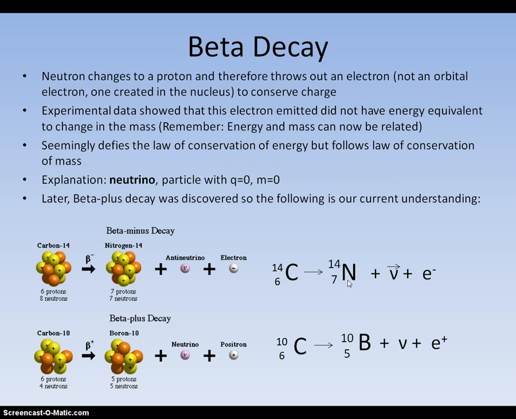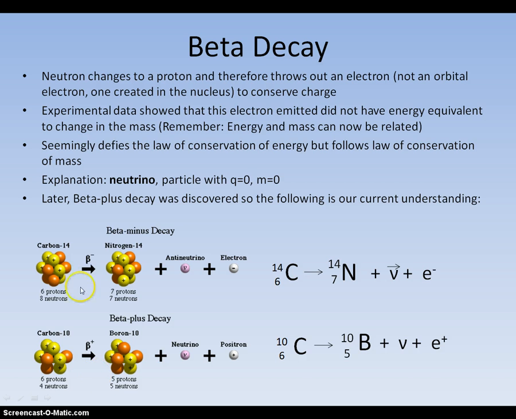Protons and neutrons have the same mass, so you still have the same number of nucleons, right? So you still have 14 nucleons, even though one nucleon has become a different kind of nucleon. And then over here on the right-hand side, we represent the electron as an e with a negative charge and the antineutrino as a v with a vector hat over the top.